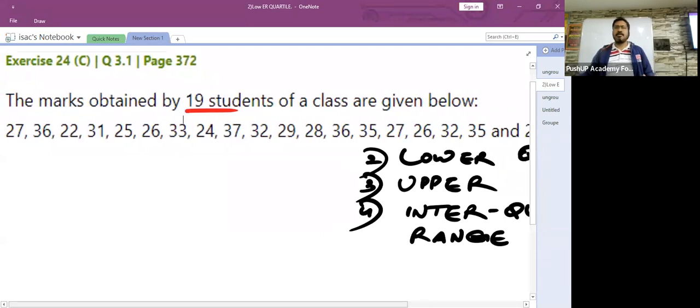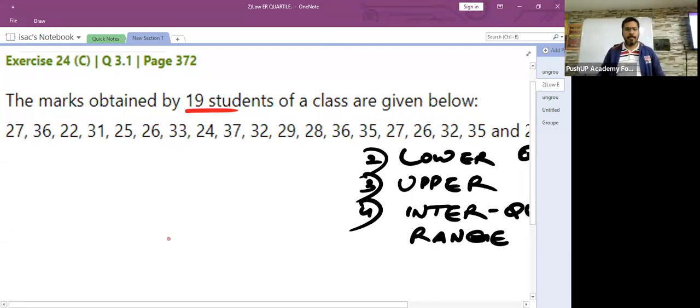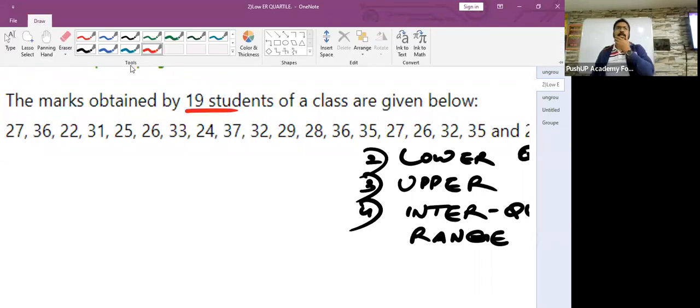So children, there are a total of 19 students in the class, and their respective marks are given to us. Now they are asking us to find the median, the lower quartile, upper quartile, and interquartile range. I want you all to just write down these numbers. Don't copy the entire question.